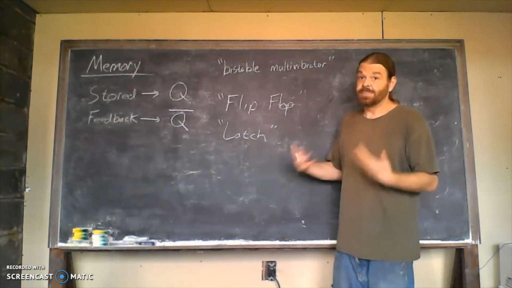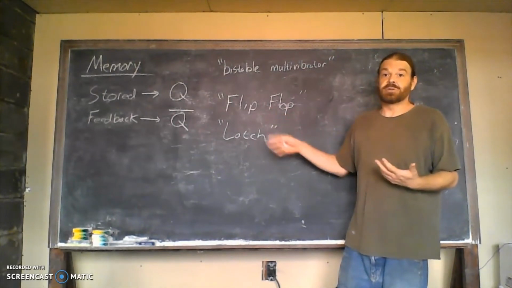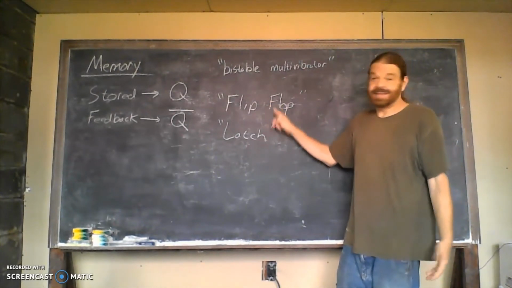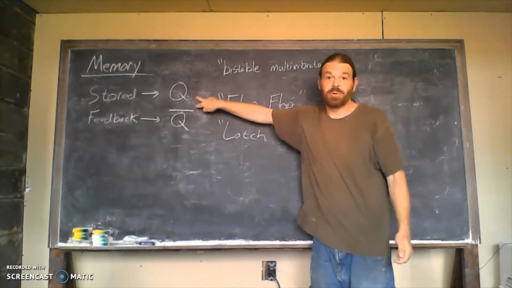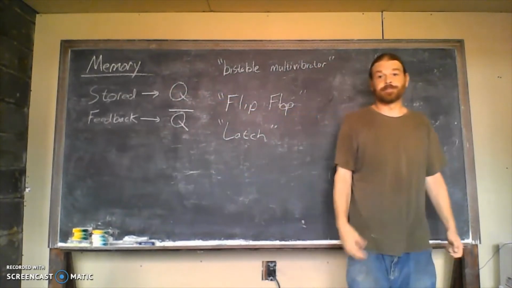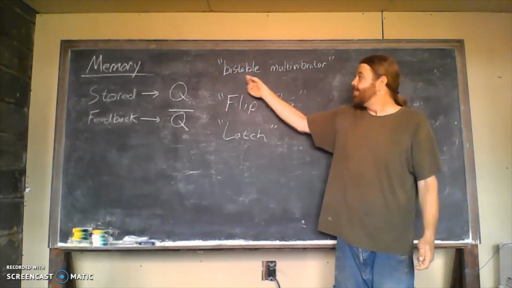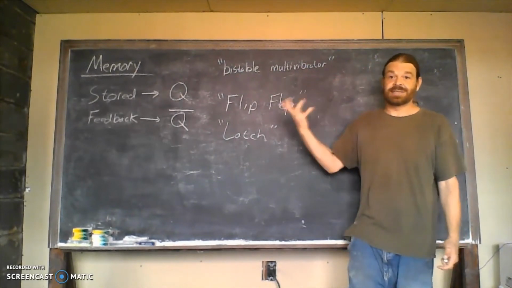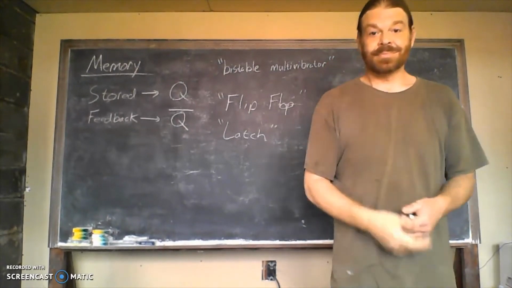If we're talking about the simplest case, then we say latch. But those are the terms we'll use, and whichever one, that's a bit of memory, a flip-flop or a latch. So we can flip-flop between them, or latch them in place, lock them in place. So those are the terms that get used, and bistable multi-vibrator is the technical term for a bit of memory.